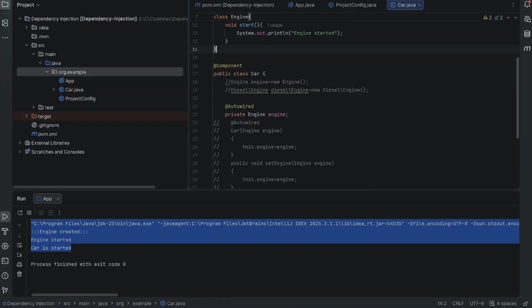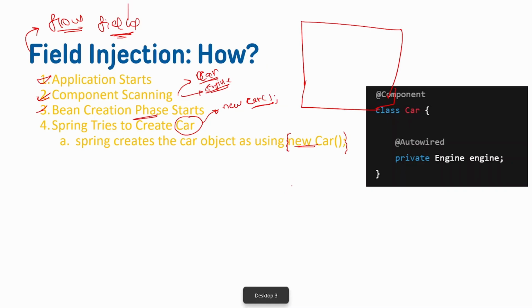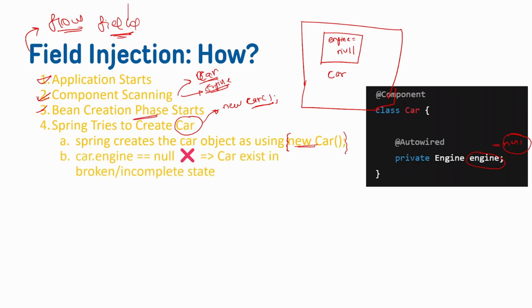So the new Car is created, but currently the engine is null because we haven't initialized it. So the Car bean is created but its engine property is currently null. Car.engine equals null.